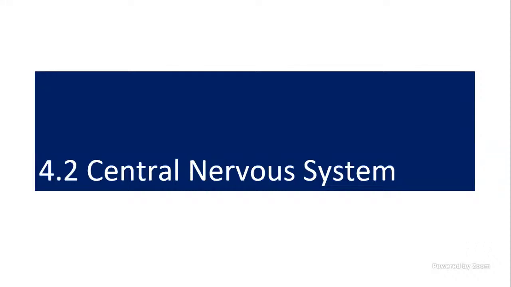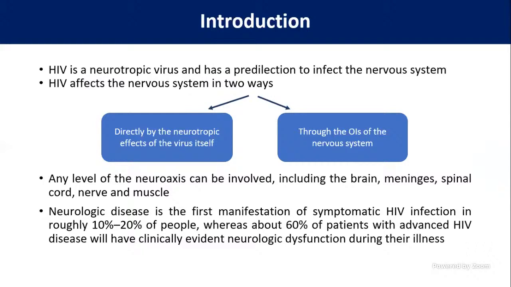Next slide, please. So when we look at the central nervous system, HIV is a neurotropic virus, which means that it has a predilection to infect the nervous system. The HIV virus enters the nervous system very early in the infection and stays there.